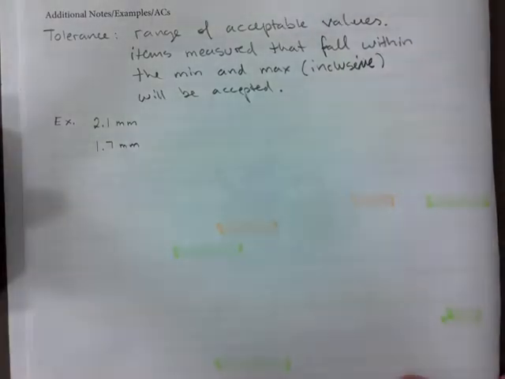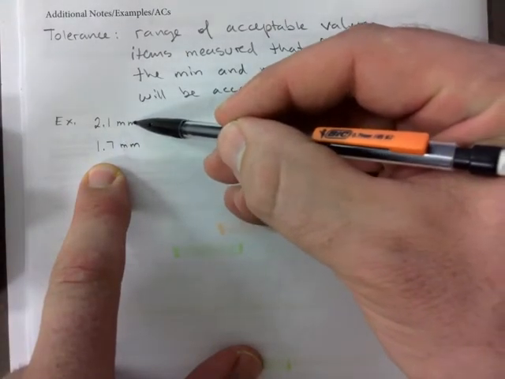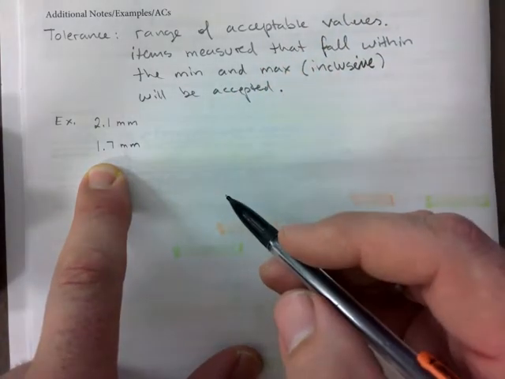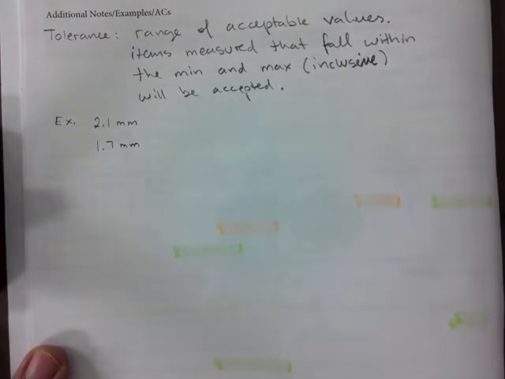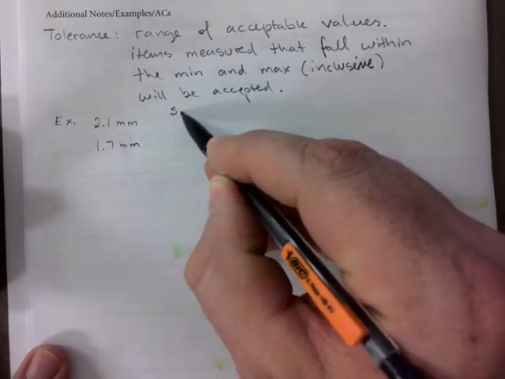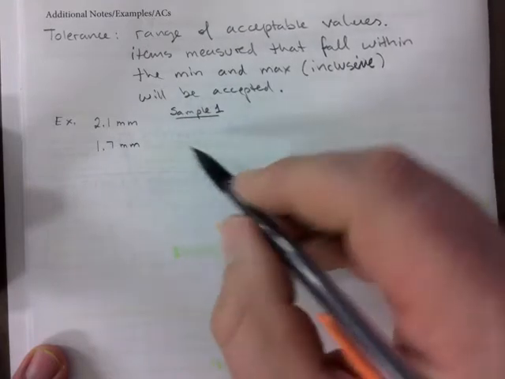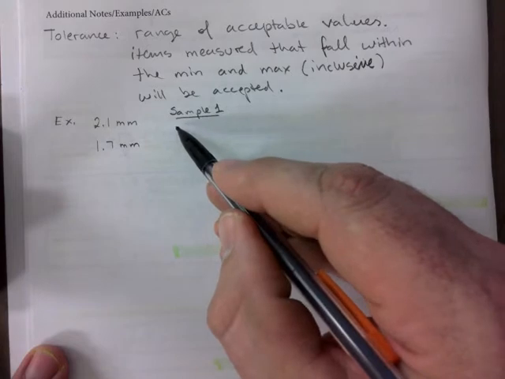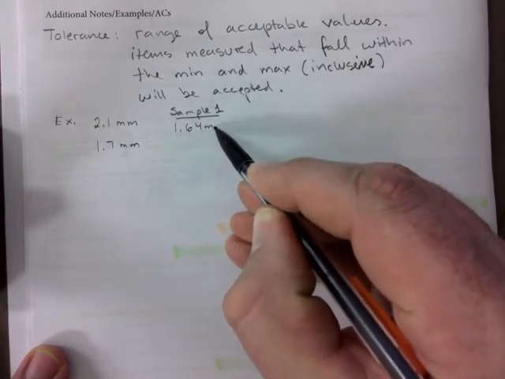And the thickness of these washers, you're allowed to be anywhere between 1.7 millimeters and 2.1 millimeters. And let's say you're taking random samples off the production line. So let's say you have sample 1. Let's say you pull it and it's 1.64 millimeters.